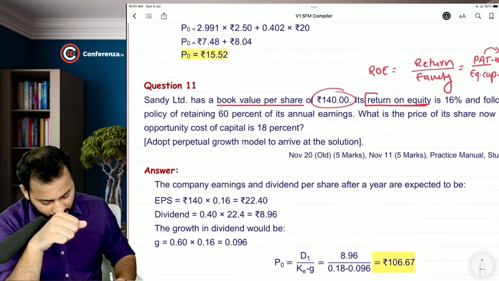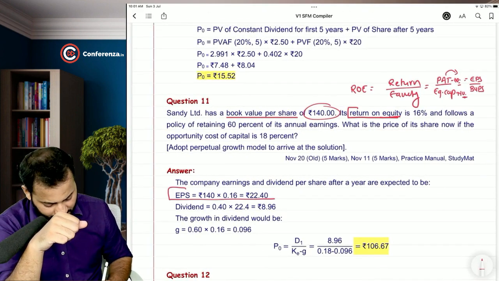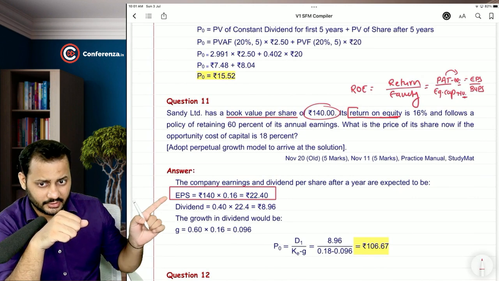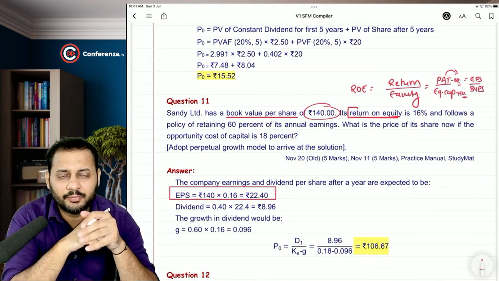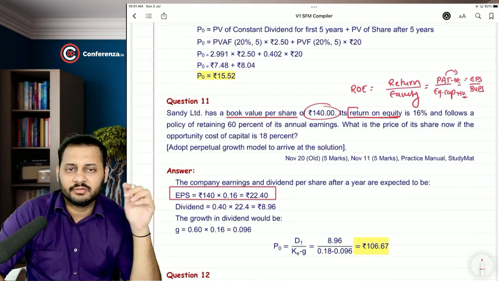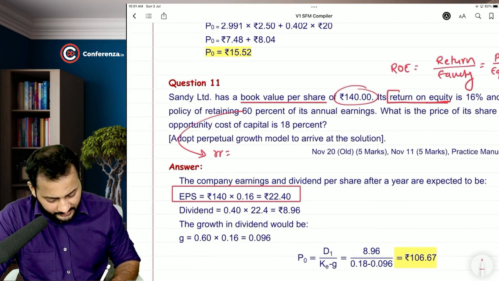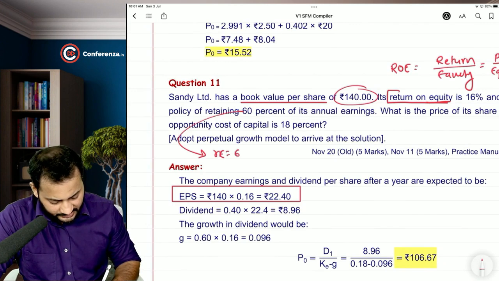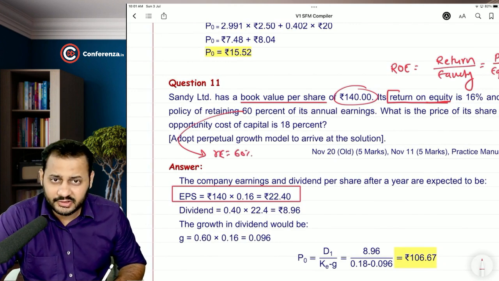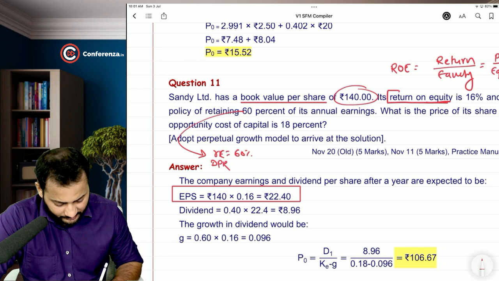So you have the book value per share here. The company follows a policy of retaining 60% of its annual earnings. So whatever they are earning, they are retaining, retained earnings 60%. If the retention is 60%, can I say that the dividend payout ratio is 40%?